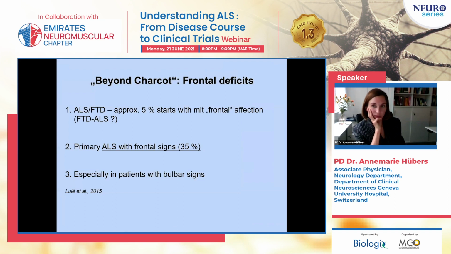I mentioned before, and I think this is very important to understand, that ALS really is not only a disease of the motor system. Around 5% of patients show a real full-blown frontotemporal dementia in combination with their motor neuron disease. But frontal signs, so frontal executive dysfunction signs, may be found in over 1/3 of all ALS patients, especially in patients with bulbar signs.